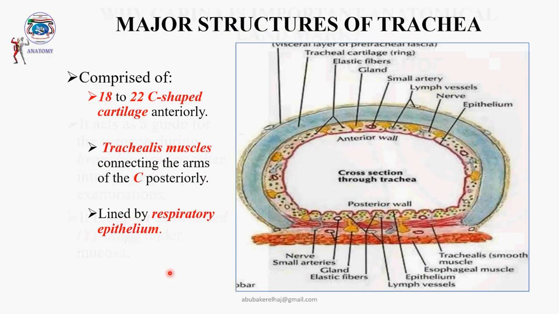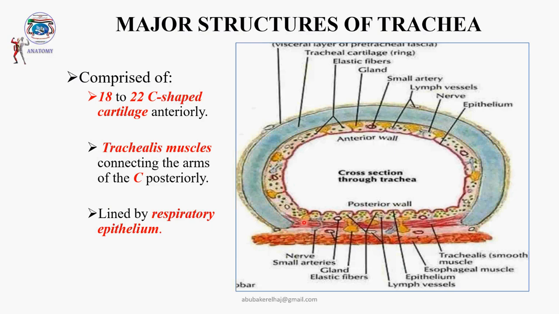Okay, the major structures of the trachea: anatomically it consists of a maximum of about 22 C-shaped cartilaginous parts. As you see here, this is the C-shaped cartilage along the anterolateral aspect, and it also consists of the trachealis muscle.